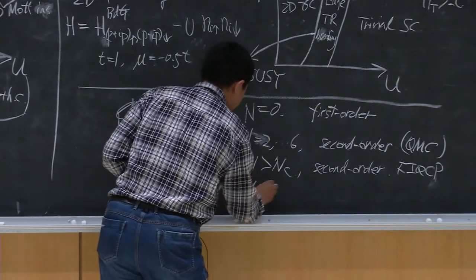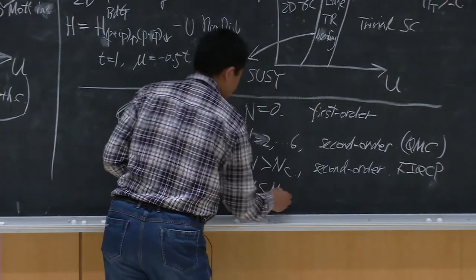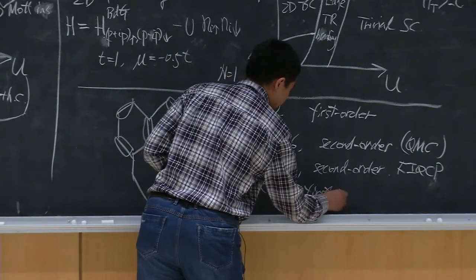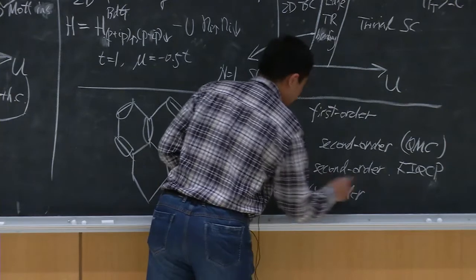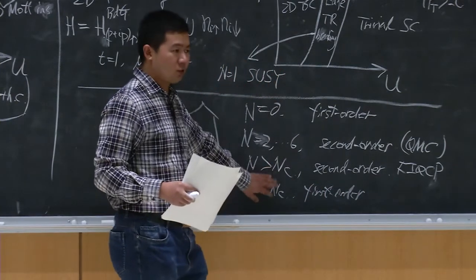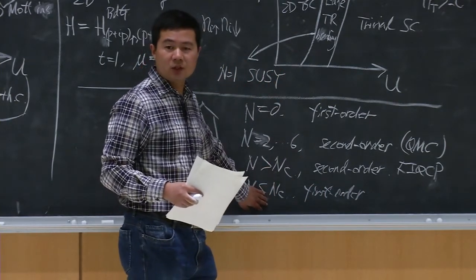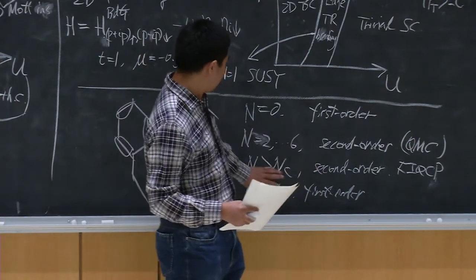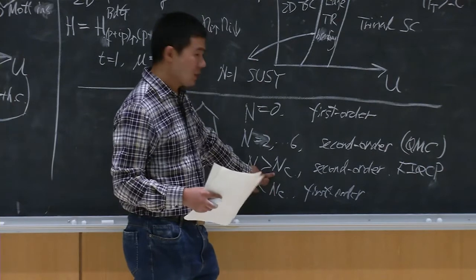When n is less than some critical value, it is first order. And the value of this critical flavor is not known yet. From numerical results, we think that it's less than 2.